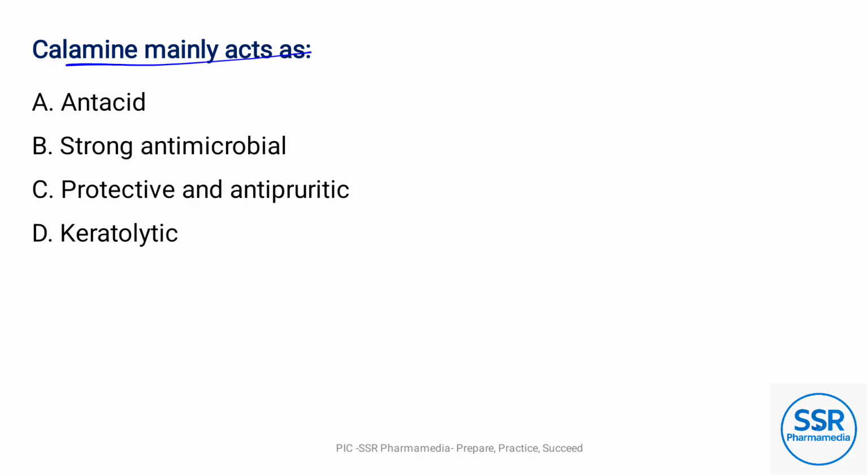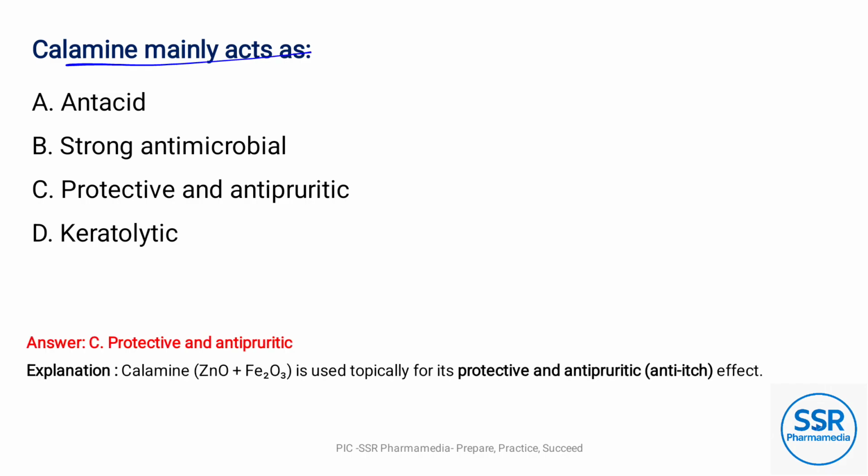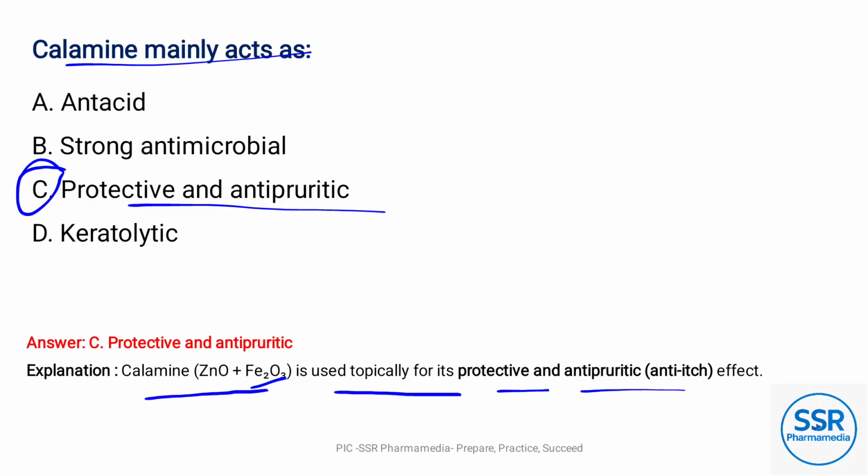Calamine mainly acts as, option C, a protective and antipruritic agent. Calamine is a combination of zinc oxide and a trace of ferric oxide. It is used topically for its protective and antipruritic effect.